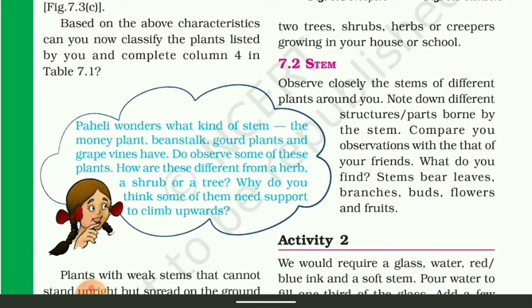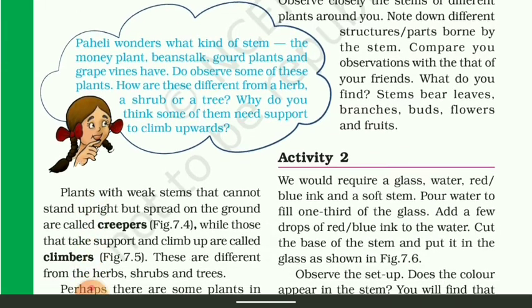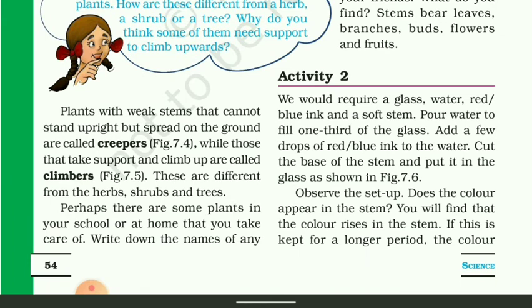Note down different structures or parts borne by the stem. Compare your observation with that of your friends. What do you find? Stems bear leaves, branches, buds, flowers, and fruits. Activity 2. We would require a glass of water, red or blue ink, and a soft stem.